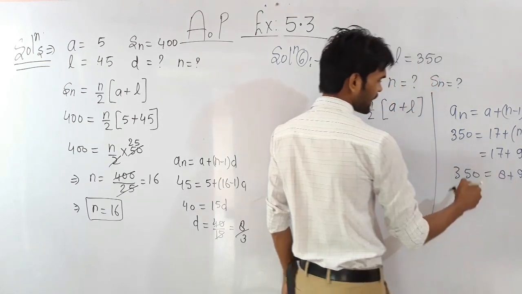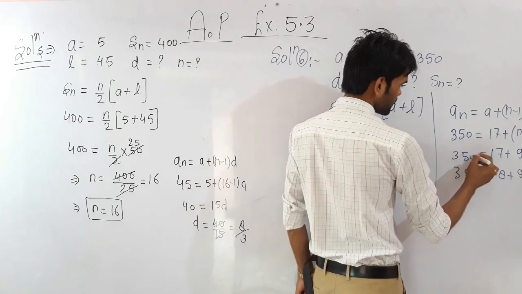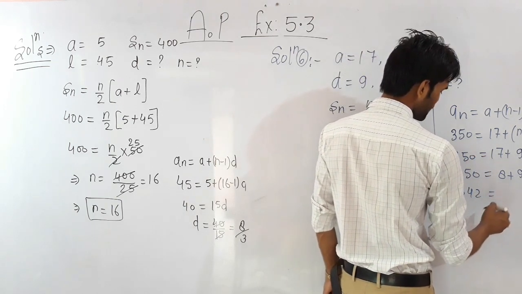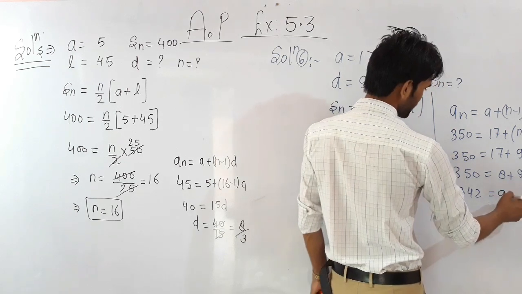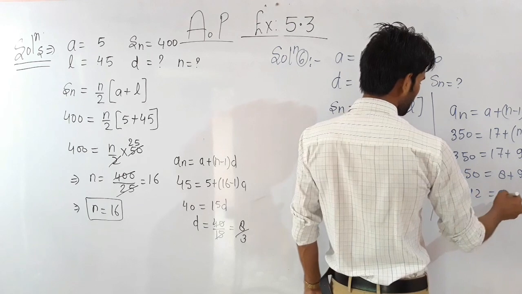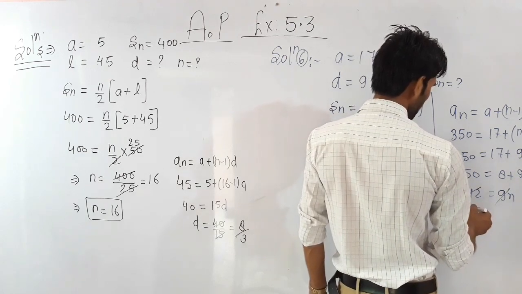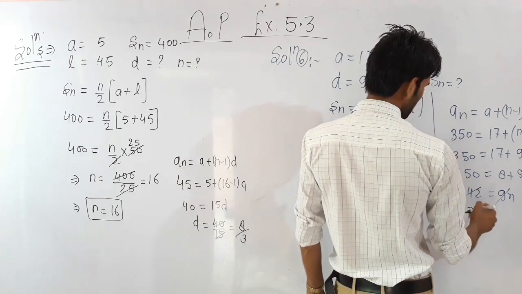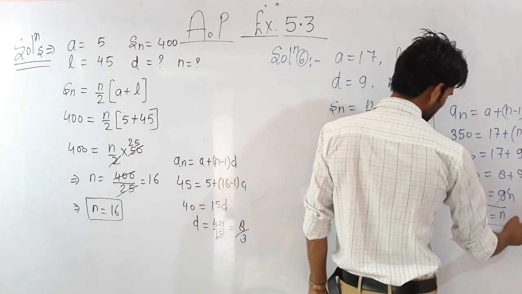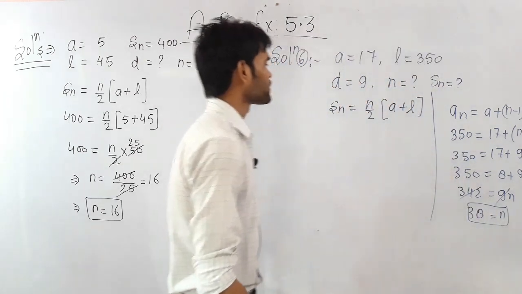If you carry 350 to this side, then it will become 342, and here it may be 9n. Dividing it by 9, we may get 9 3 is 27 and 7 9 8 is 72, equal to n. So we have obtained n is equal to 38 terms.